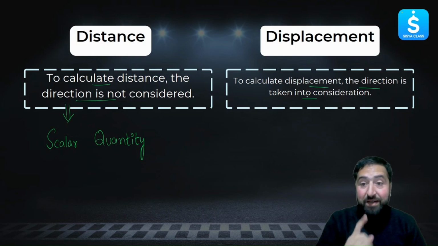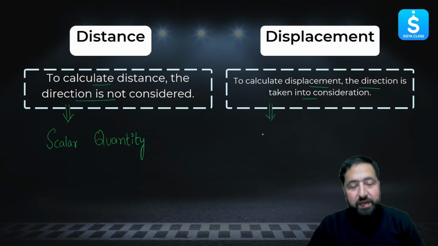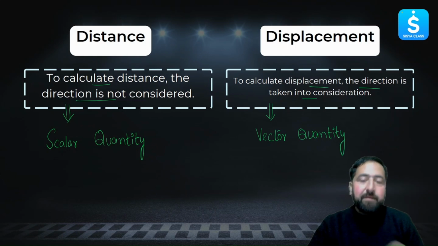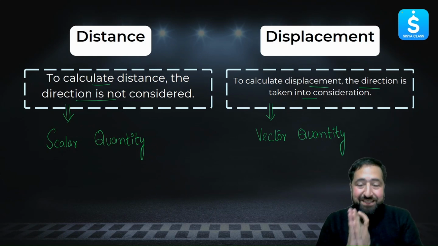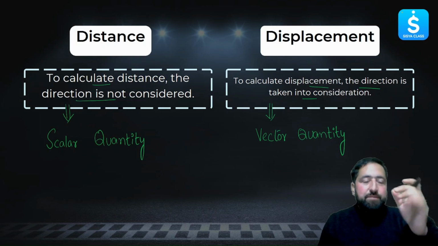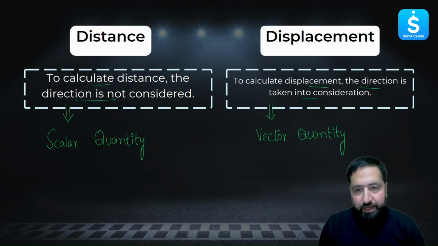So direction matters a lot. So in that case, it is called a vector quantity. Got it? Okay, that's nice. So distance is a scalar quantity and displacement is a vector quantity. Got it? And one more thing.